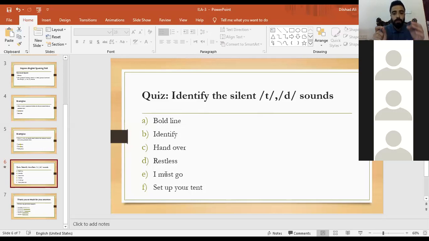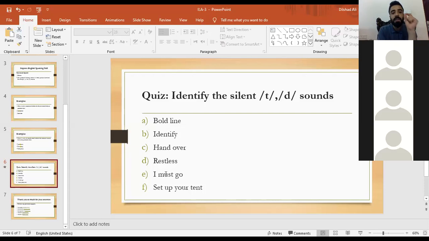I want all of you to participate in this one, guys. I would really appreciate your participation. If you don't want to, that's fine, but I would love it if you practice with me. You just tell me, Teacher Dilshad, my answer is A, B, C. It means the t and d sounds in A, B, C are not pronounced.